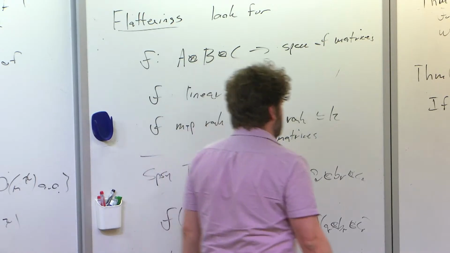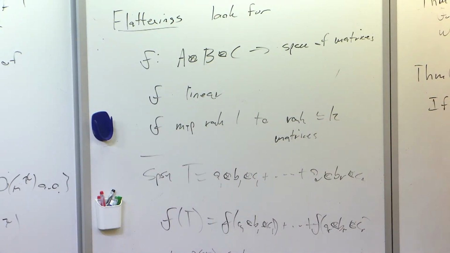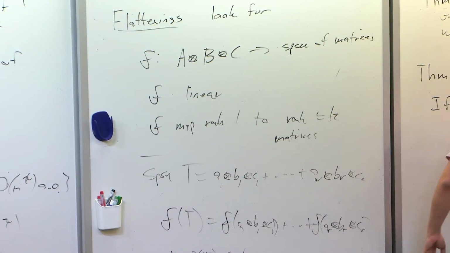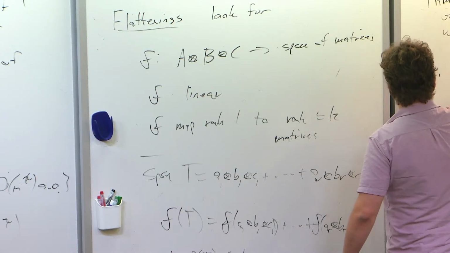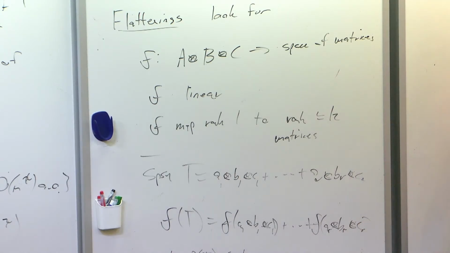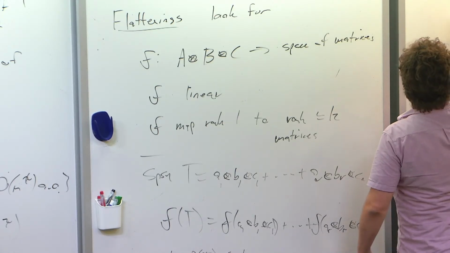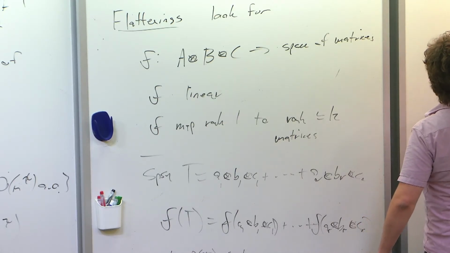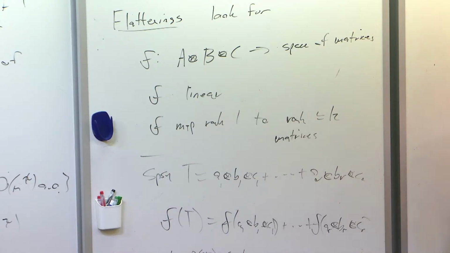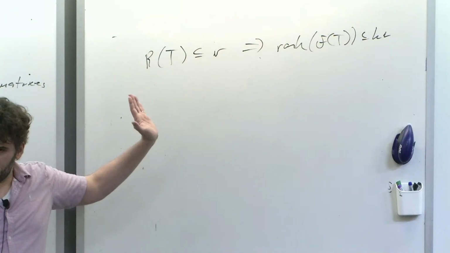So just sort of summarizing what we've observed here, given this situation, rank of T less or equal to R implies the ordinary matrix rank of the flattening of T is at most K R. And maybe I can write the contrapositive of this statement.